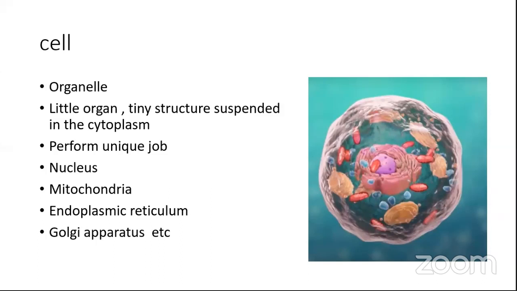And each organelle performs a separate, specific function, and they have some kind of internal function too, right? Good. Some examples of organelles: nucleus, mitochondria, endoplasmic reticulum, and Golgi apparatus. Okay, these are some examples of organelles.